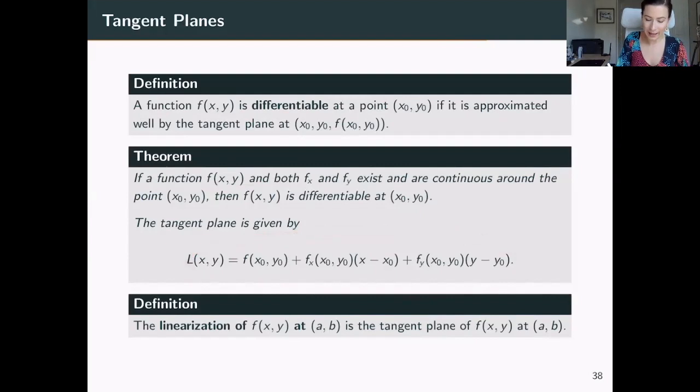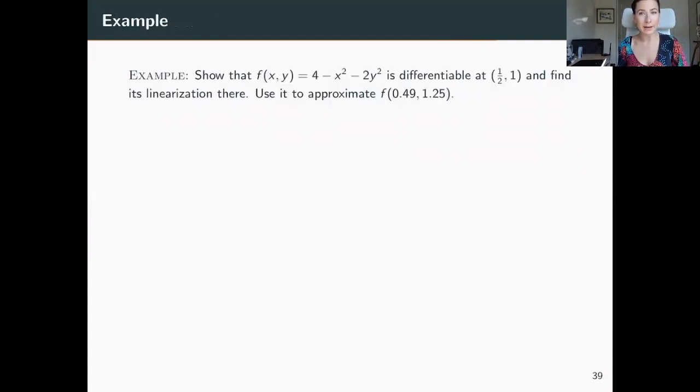So that little a is equal to our partial with respect to x at the point, and our b will be equal to the partial with respect to y at that point. And that linearization, rather than being a tangent line, is the tangent plane. So if we want to study the surface linearly, we study it by looking at the tangent plane at a given point. So from here, we can apply that definition to show that a given function is differentiable, and we can also find its linearization there.